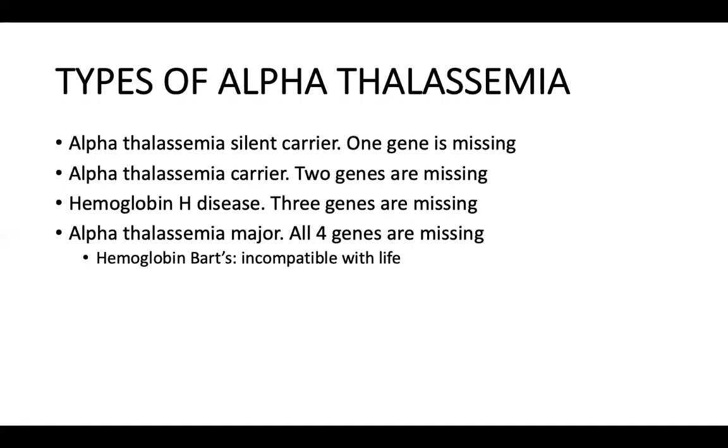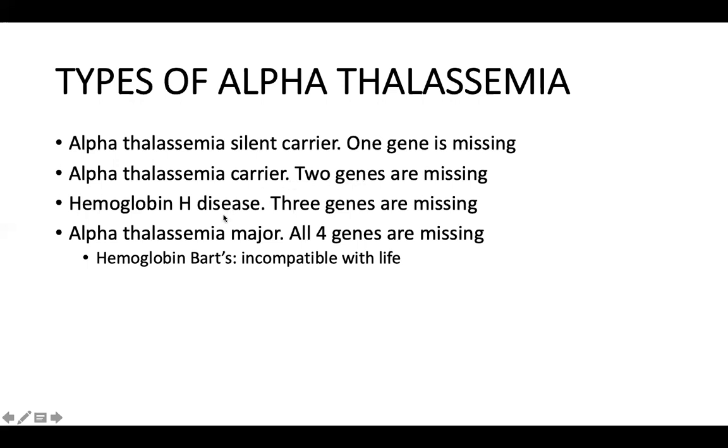So with alpha thalassemia, there's basically 4 types of it. Alpha thalassemia silent carrier, there's only 1 gene missing, and usually we know nothing about these individuals. The alpha thal carrier has 2 genes that are missing, and they have a low MCV, and their hemoglobin can be very normal.